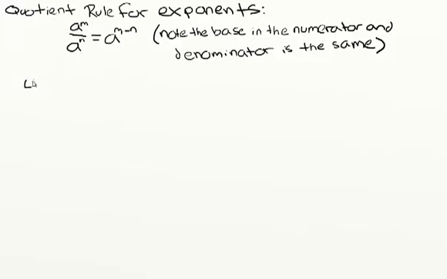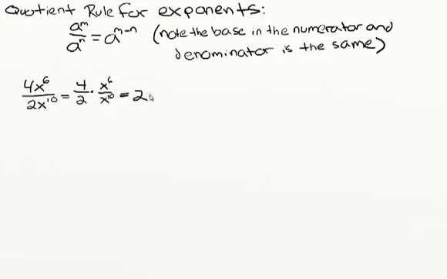Say we have 4x to the 6th over 2x to the 10th. I'm going to write this as a product of two fractions. That way we can see each part a little bit clearer. So we can simplify the first fraction. That's just going to be 2.